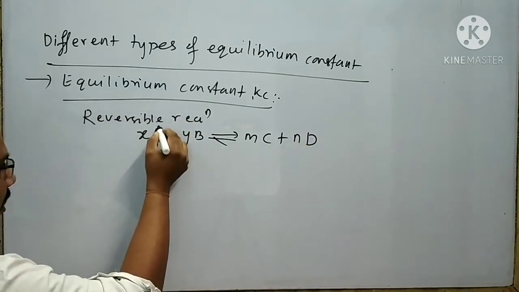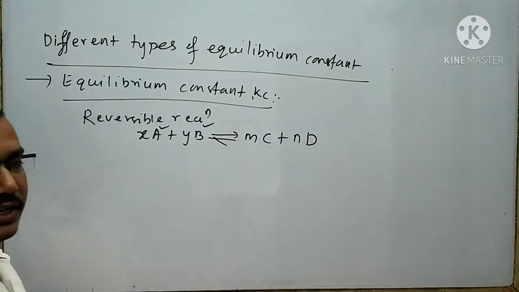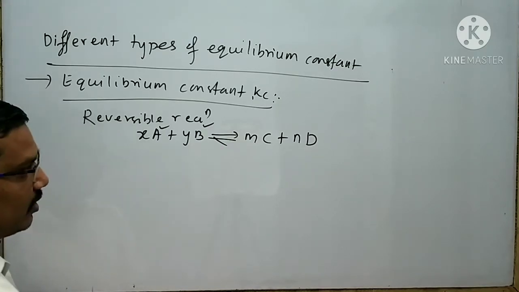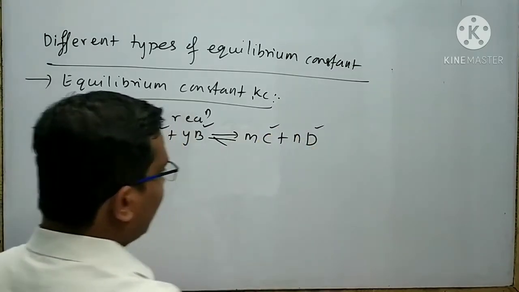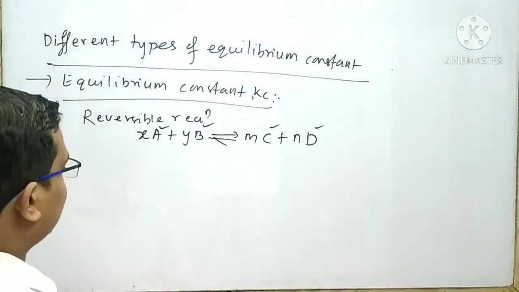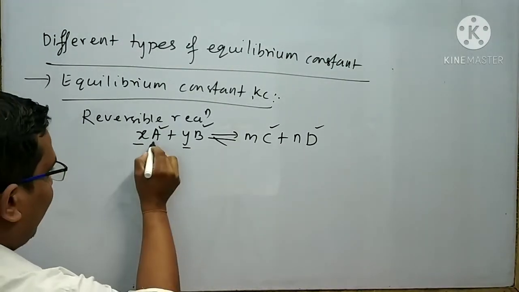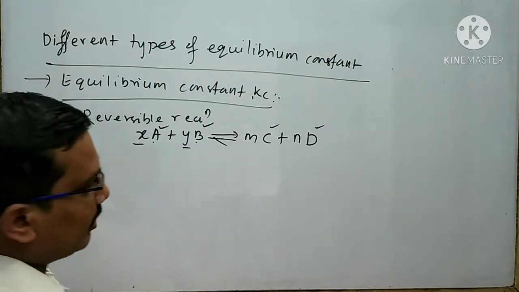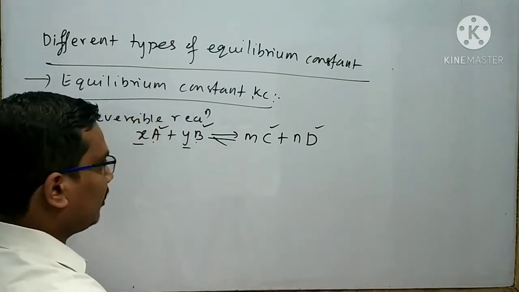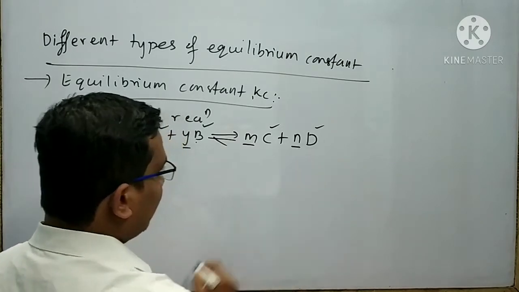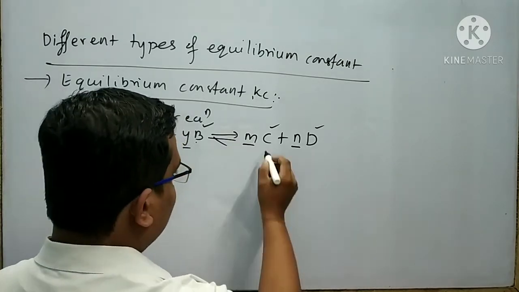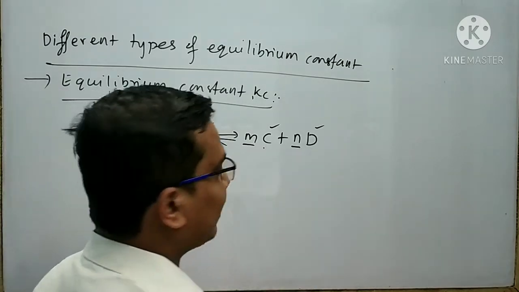Here A and B are the reactants, C and D are the products, x and y are the coefficients of A and B respectively. On the other hand, m and n are the coefficients of C and D respectively.